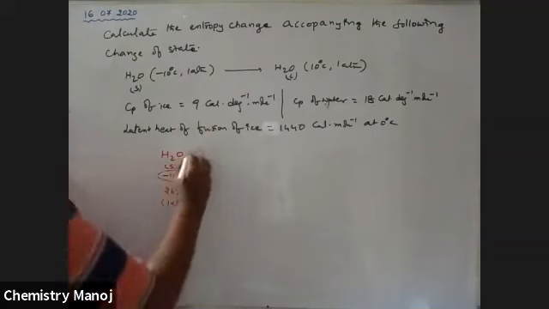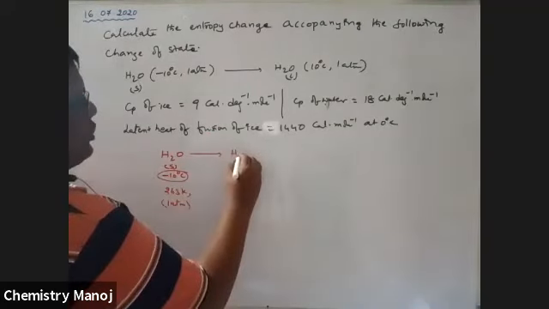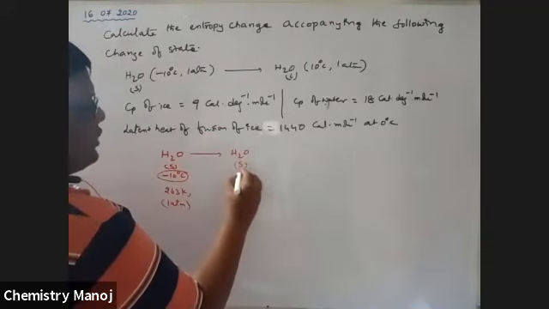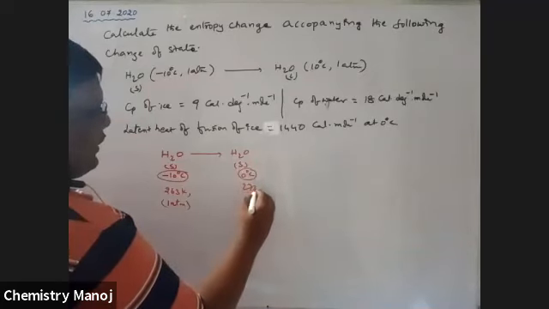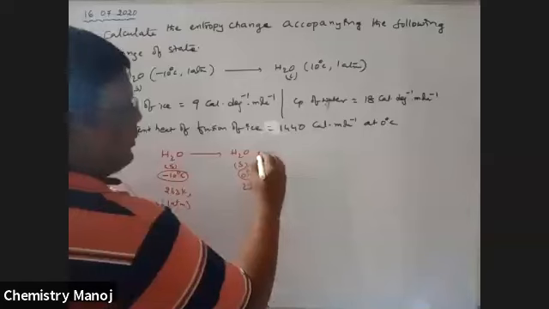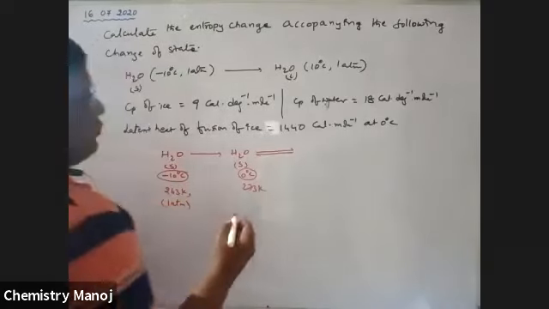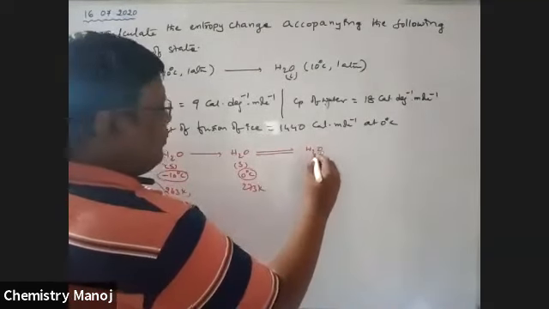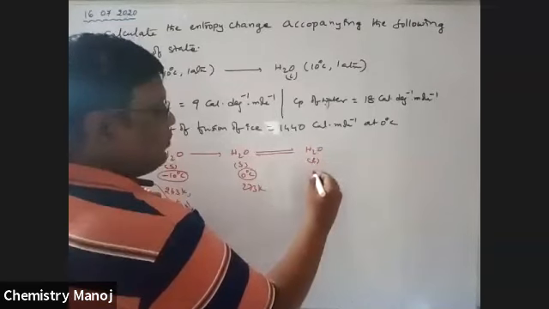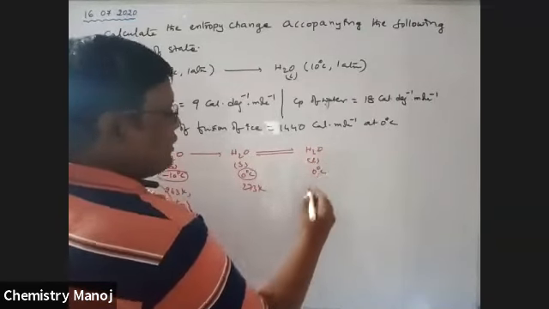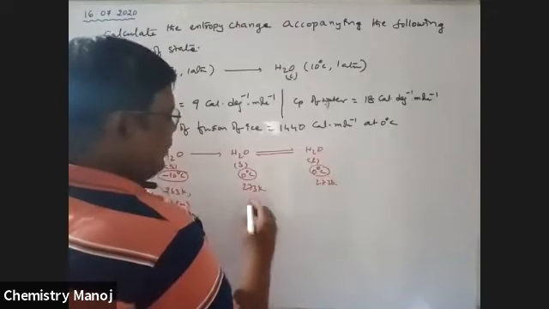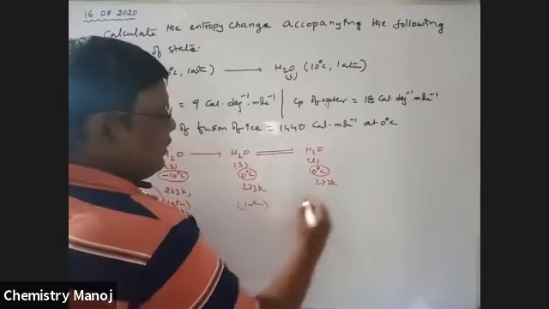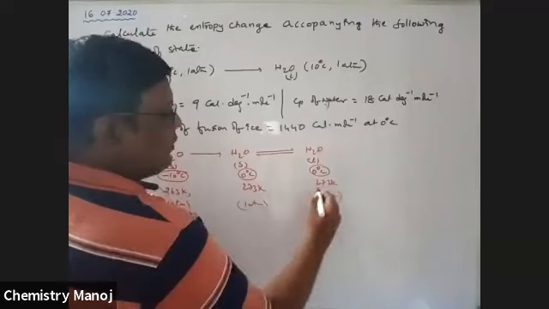Next, change it to H2O solid at 0 degrees centigrade, which means 273 Kelvin. It is in equilibrium with H2O liquid at 0 degrees centigrade, that is 273 Kelvin, also at 1 atmosphere.